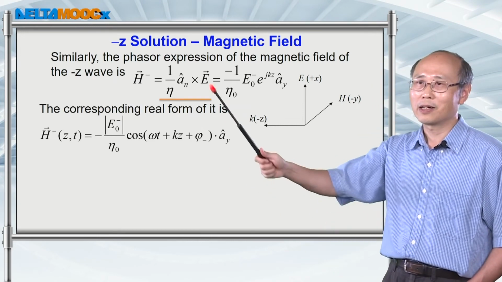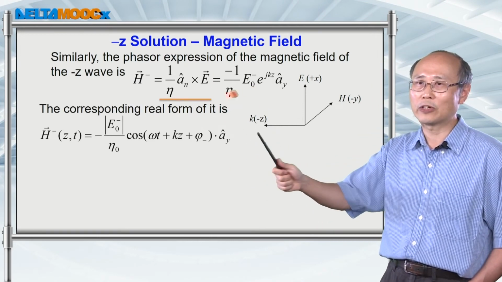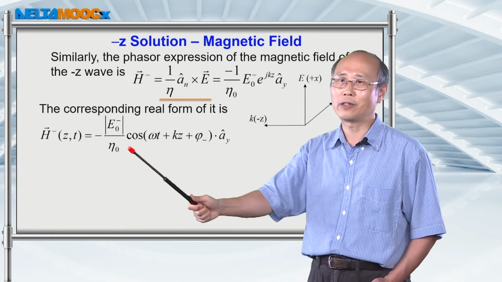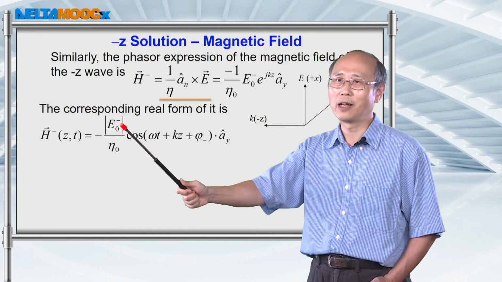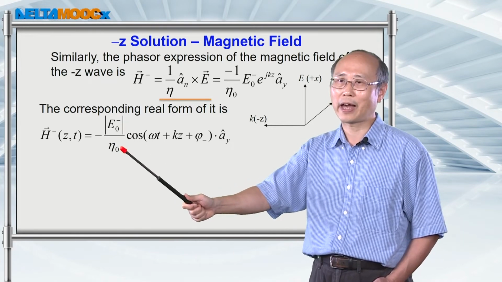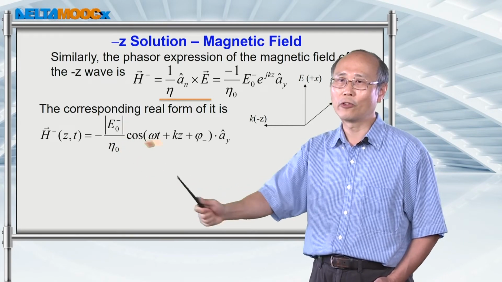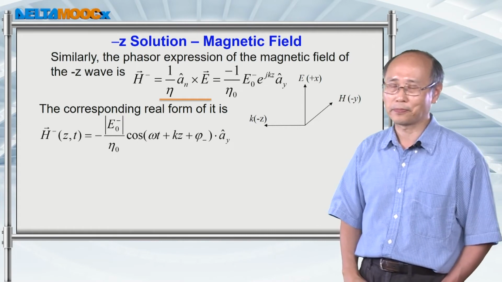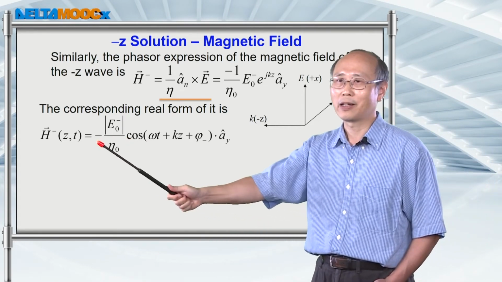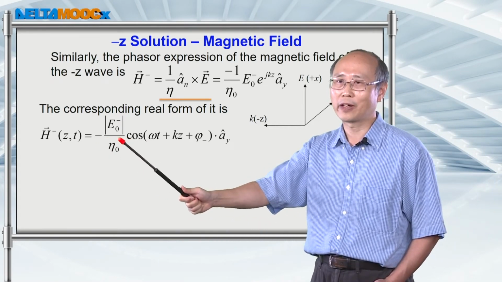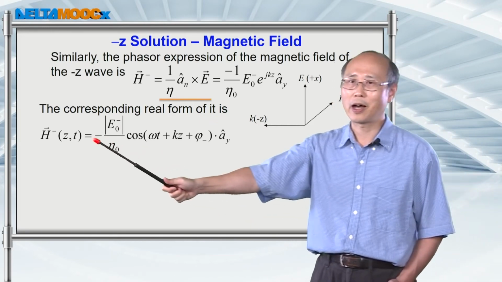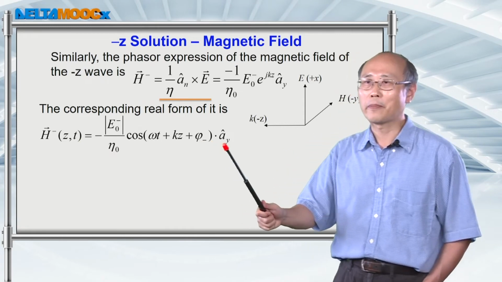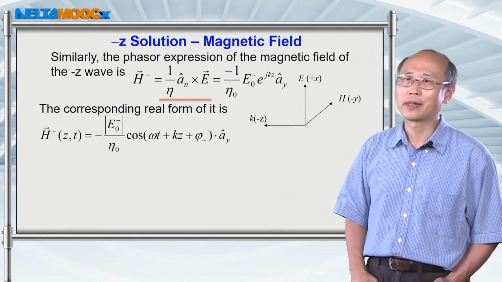And by using this phasor field, you can also convert it into a real solution. And so you see this proportional factor that is equal to 1 over intrinsic impedance. And there's a minus sign in front of the whole thing, telling you that this magnetic field is along minus y direction.